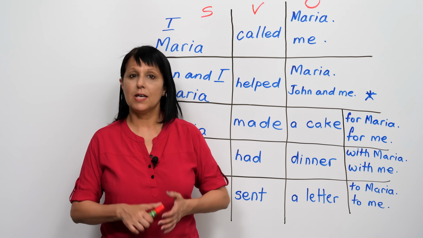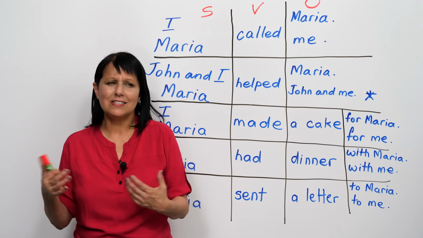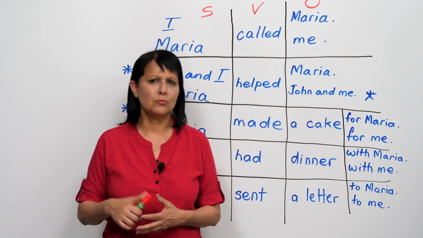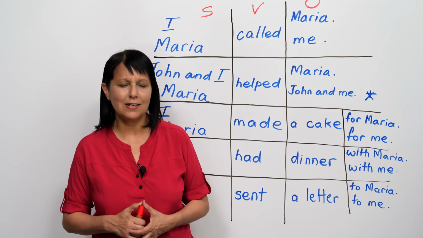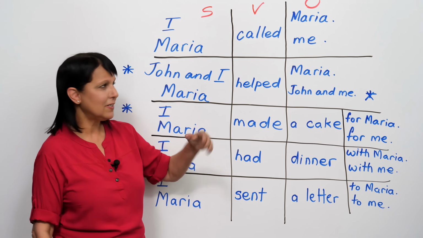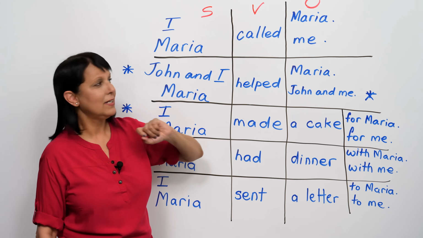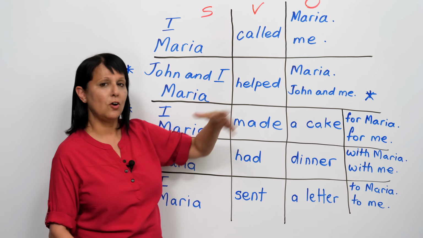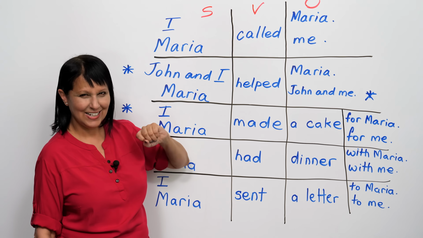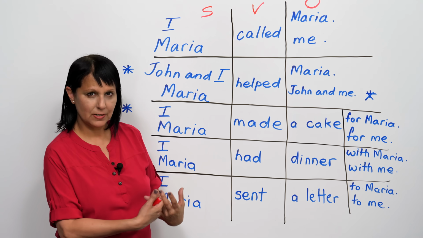You might sometimes have all the right words in the sentence, but it still doesn't sound natural somehow. Or people, when they listen to you, might say, sorry, what did you say? Because they're expecting to hear information given in this order. Subject, verb, object. Okay? And now you know what the object is. The object is what has received the action of the verb. And the subject is the doer of the action.